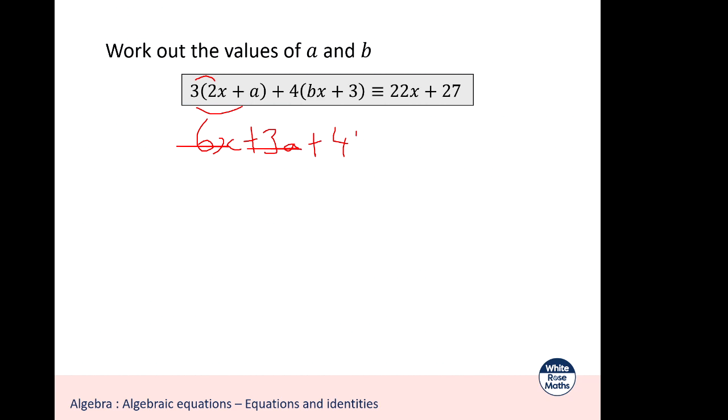What those 3 lines are saying is that the expression on the left-hand side is identical, i.e. the same as the expression on the right-hand side.